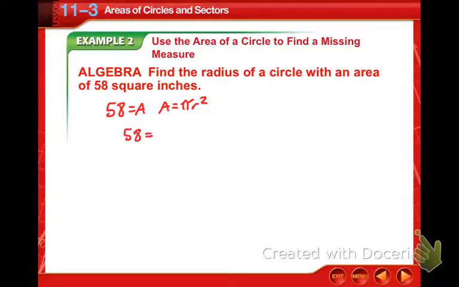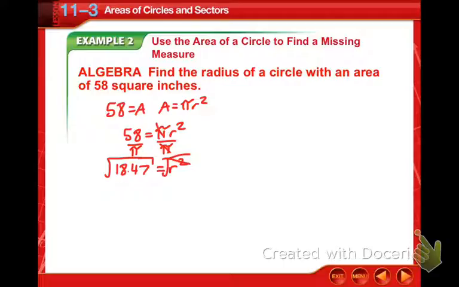So 58 is equal to pi r squared. Divide both sides by pi. That comes out to be about 18.47. Now we don't want to round yet, but for writing's sake, I'm going to round.